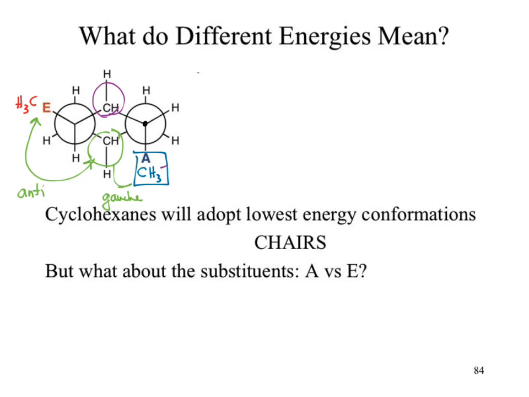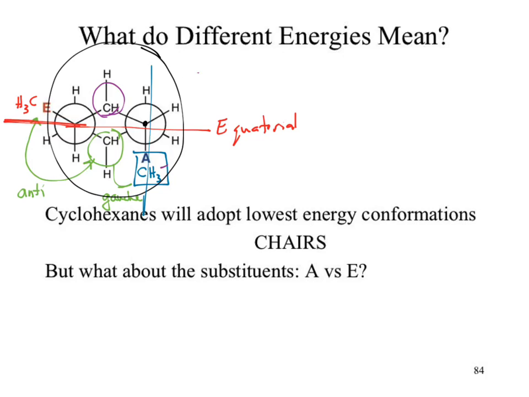The red one is kind of on the equator, if you will, of our structure. That one will get called equatorial. The blue one is kind of on the axis, so we'll call that axial. Notice the blue one is in the up-down plane.